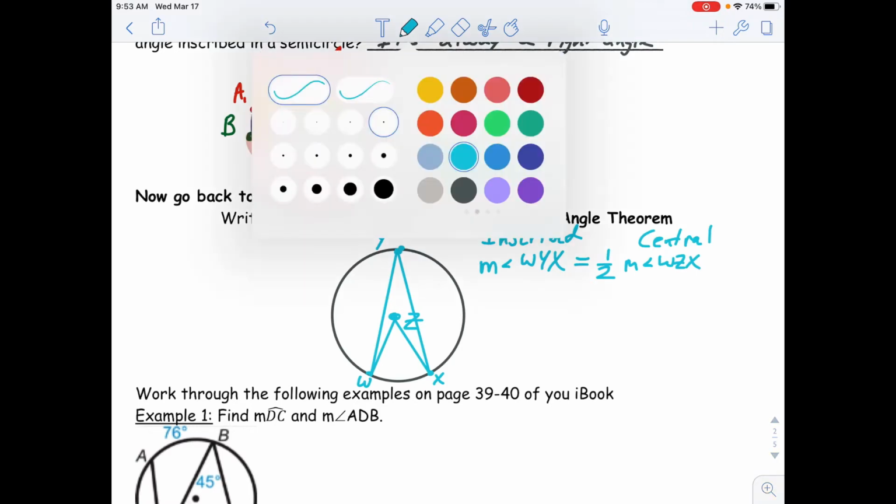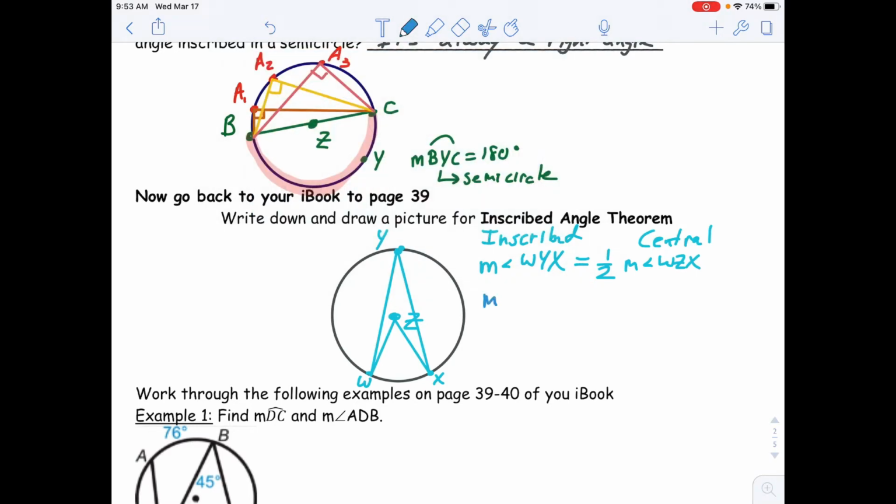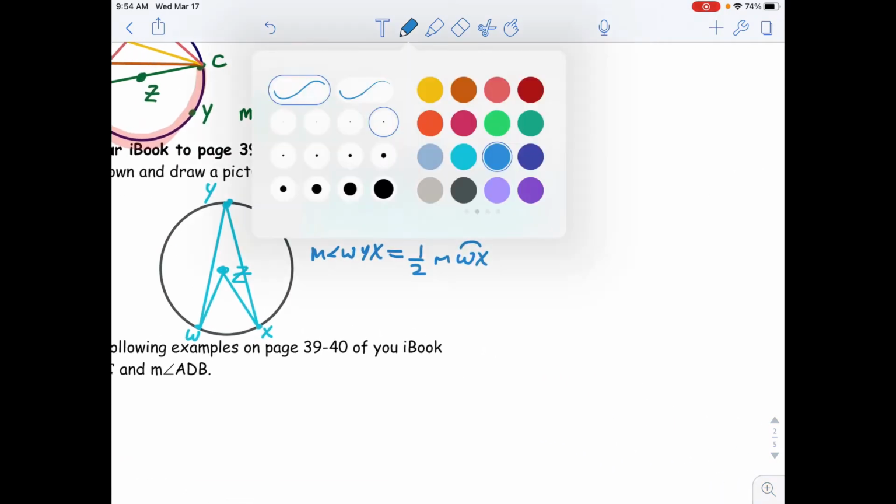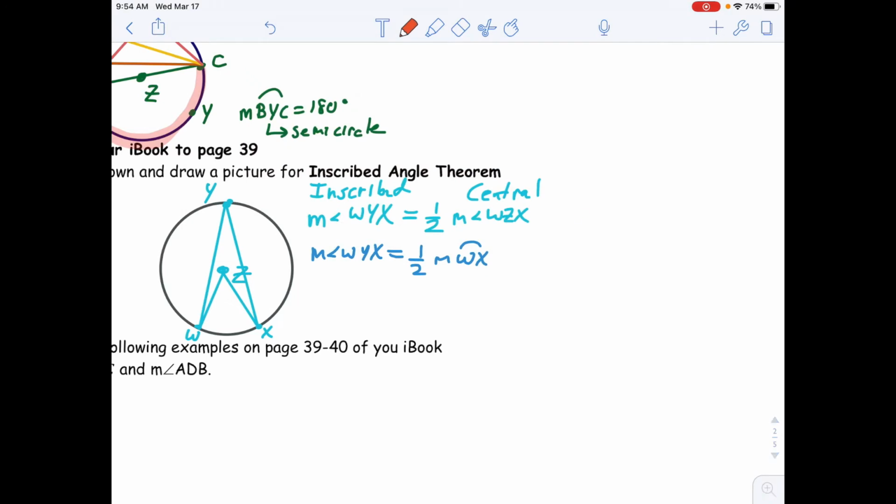Furthermore, we could also write the measure of angle WYX equals half the arc measure of WX. Basically, an inscribed angle is half the central angle. And then there's a couple other things we could write. We could write 2 times the measure of the inscribed angle equals the central angle.